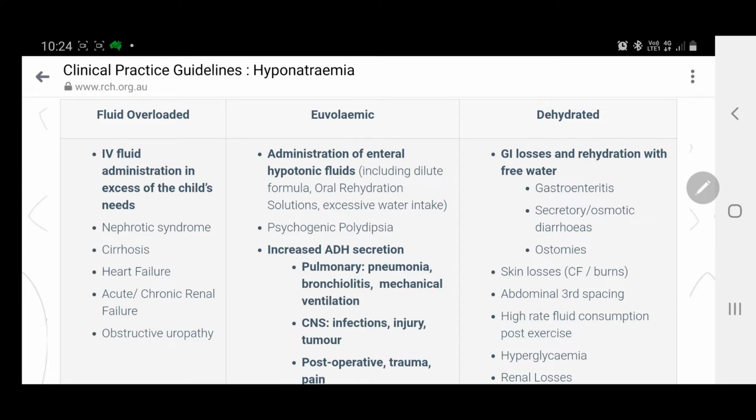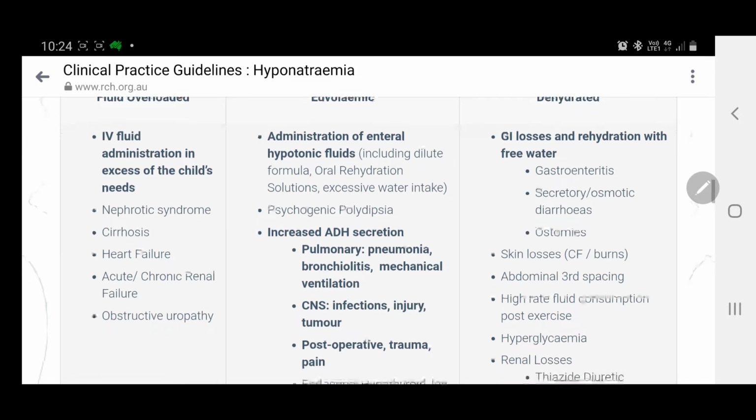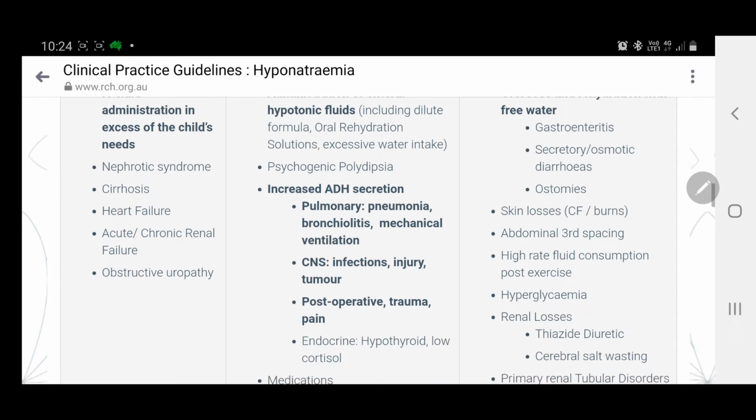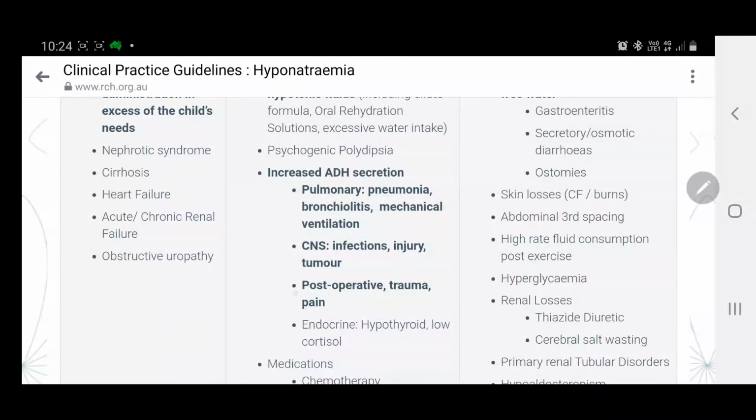We talked about increased ADH secretion in sick children, especially in pulmonary conditions, CNS conditions, and postoperatively and in trauma. So pulmonary in pneumonia, bronchiolitis, and mechanical ventilation, CNS in infection, injury, and tumor, and postoperatively trauma and pain. Also there are endocrine causes of increased ADH secretion, which are hypothyroidism and low cortisol.